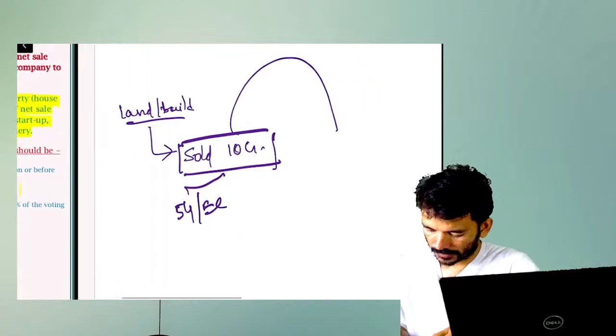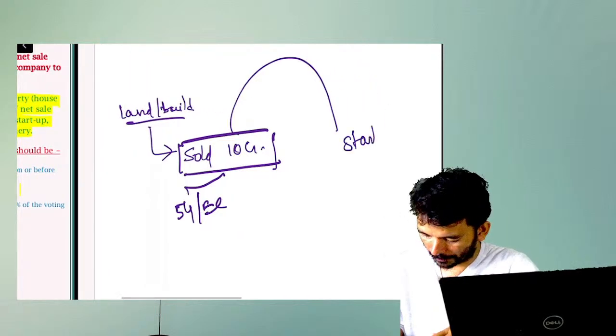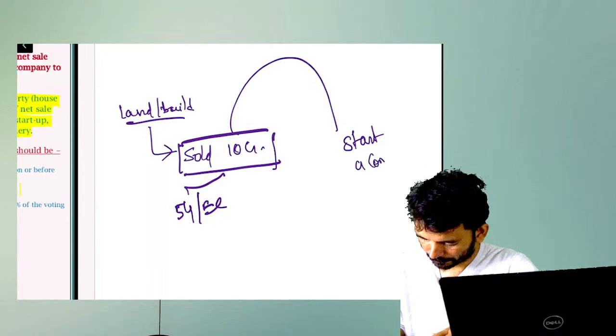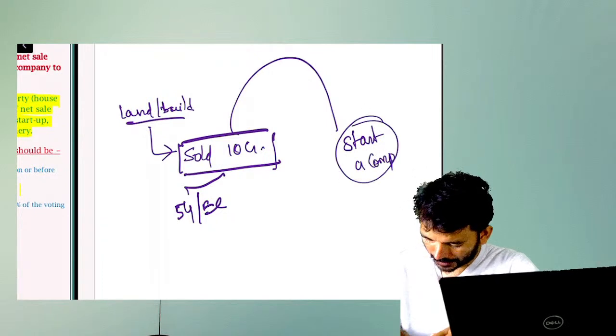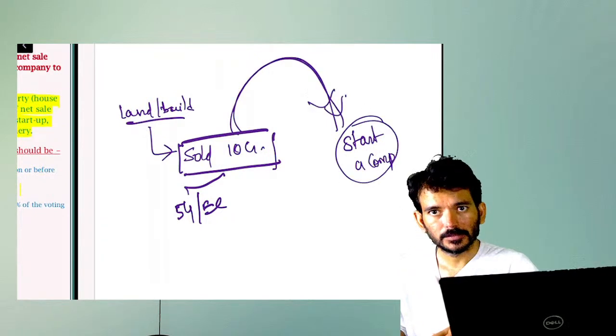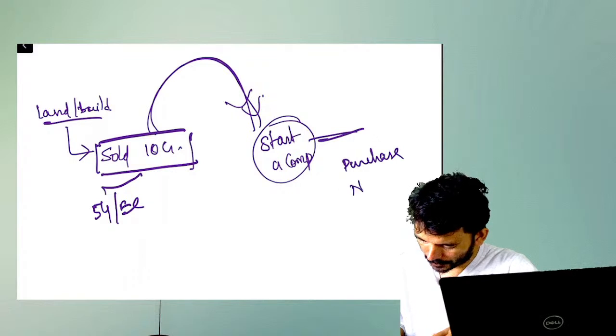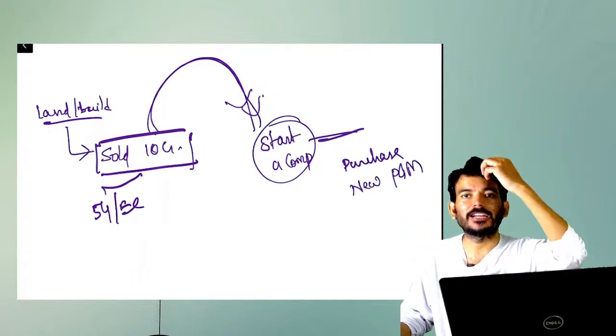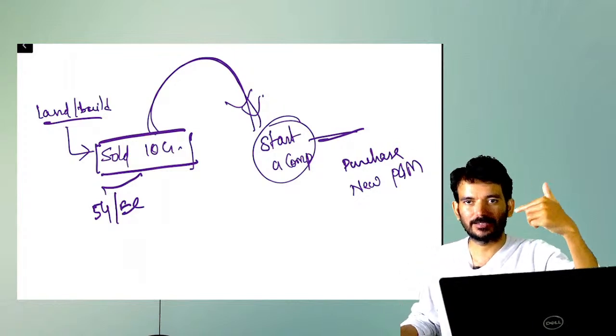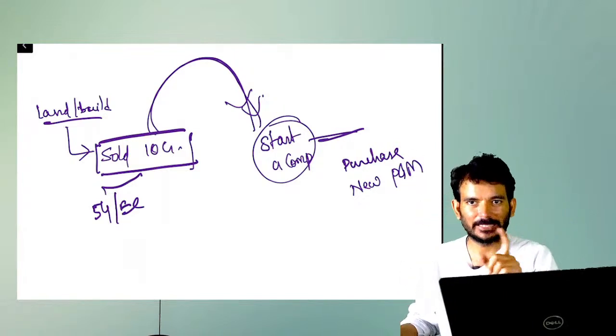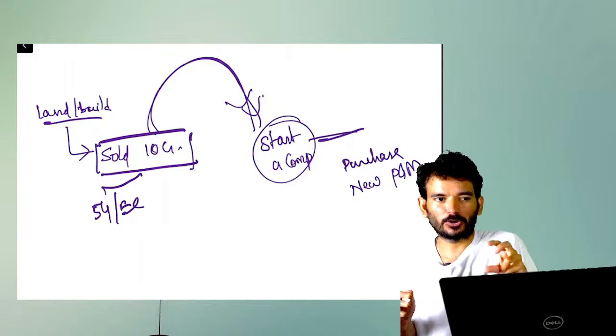You start a company, bring the company. Okay, with this money, you purchase new plant and machinery, which again I will tell you, just like your additional depreciation. You remember yesterday, whoever has attended the session for PGVP, additional depreciation also we told, right?